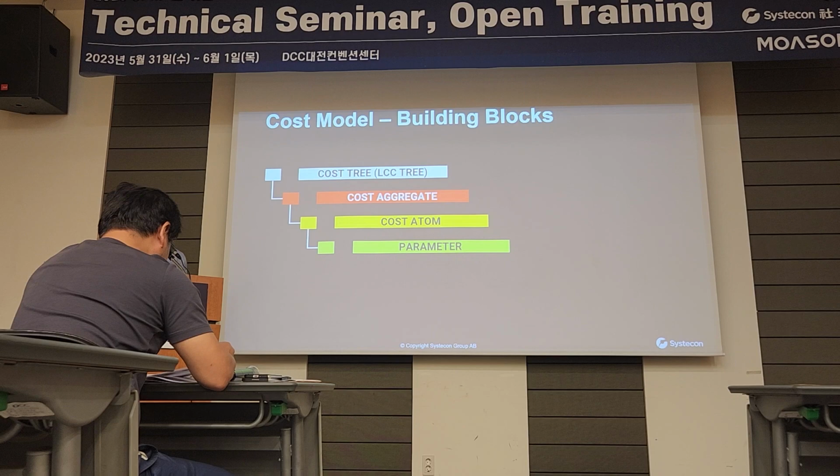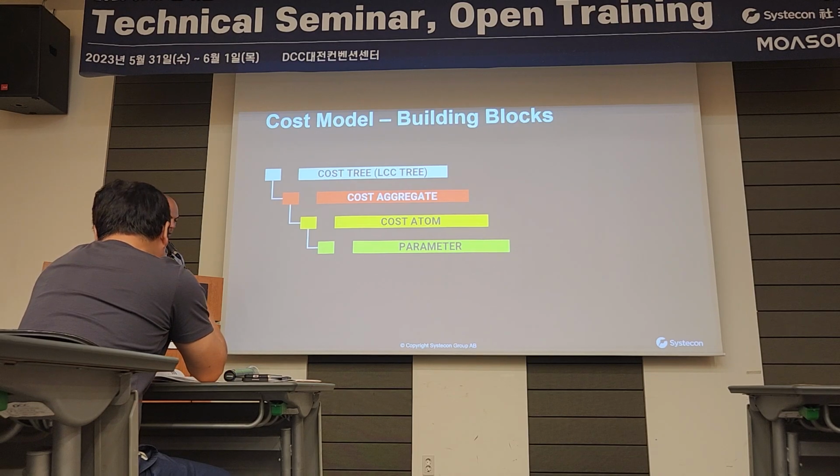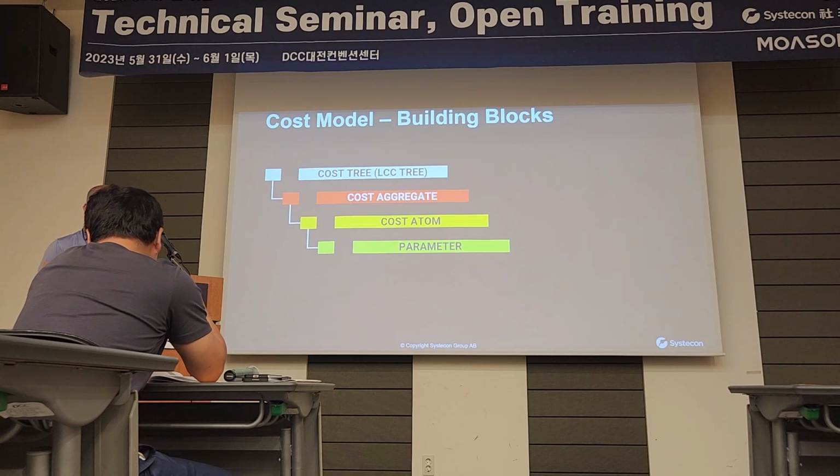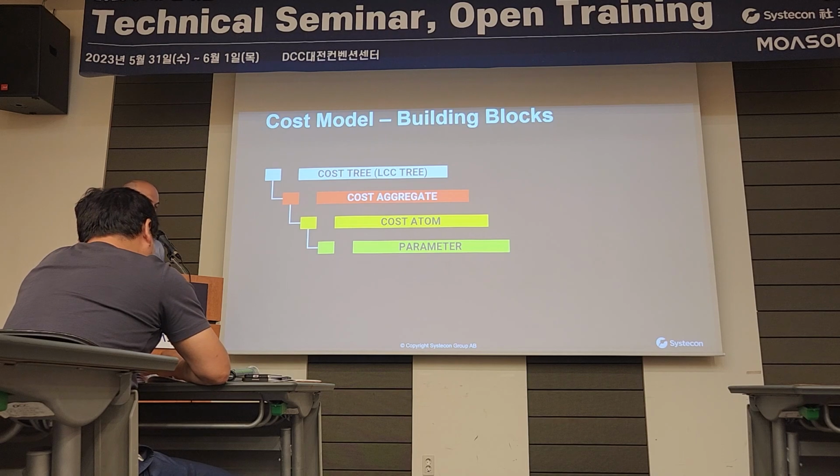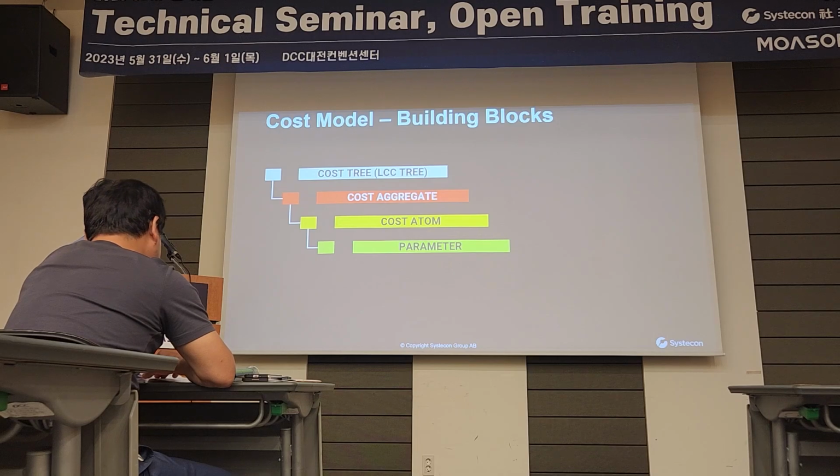The last building block is the parameter, which helps us to create arithmetic expressions to calculate cost atoms. So cost tree, cost aggregate, cost atom, and the parameter.